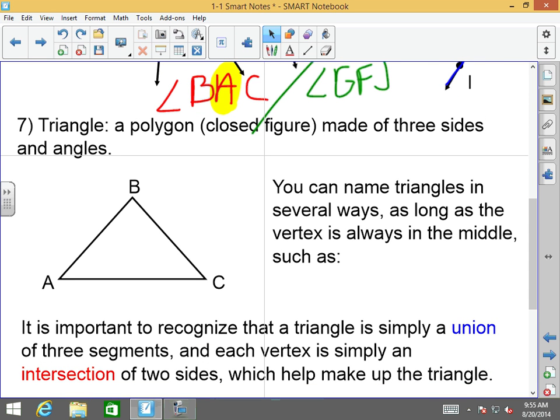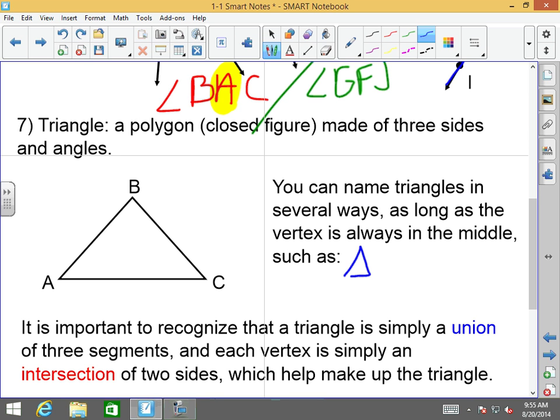A triangle is a polygon, which is a closed figure made of 3 sides and angles. You can name triangles in several ways as long as the vertex is always in the middle. Just like everything we've done, you have to have a little symbol. So we're going to put a little triangle.